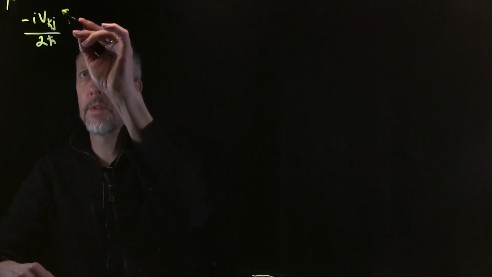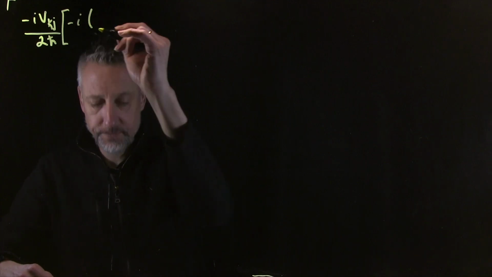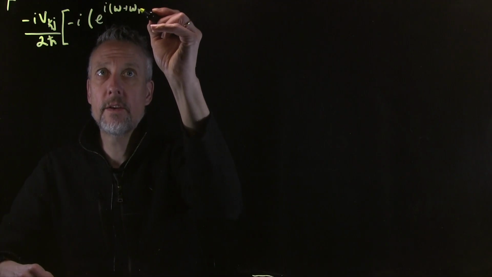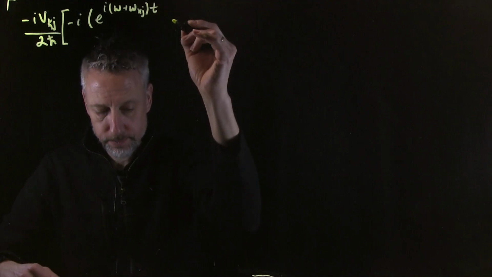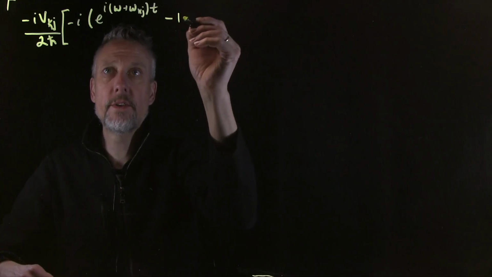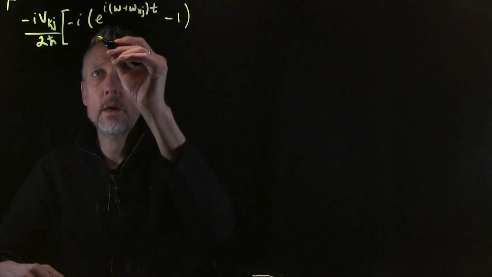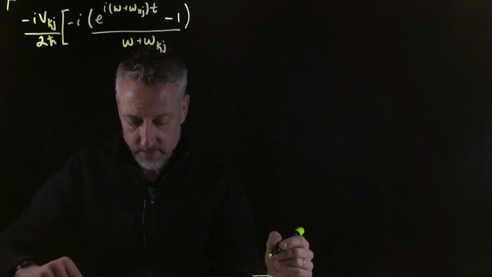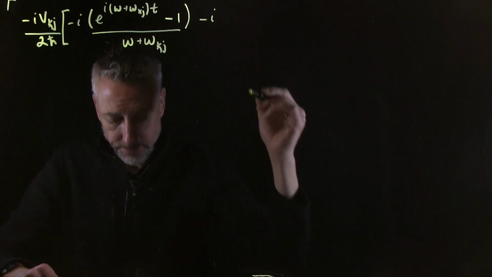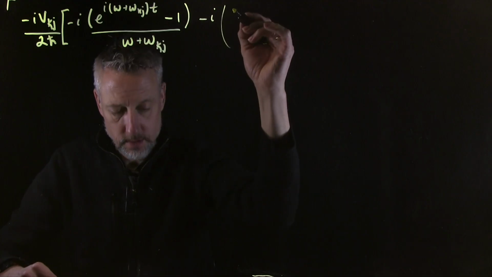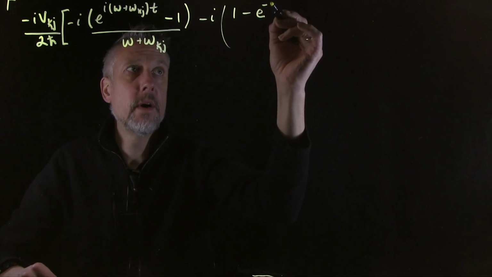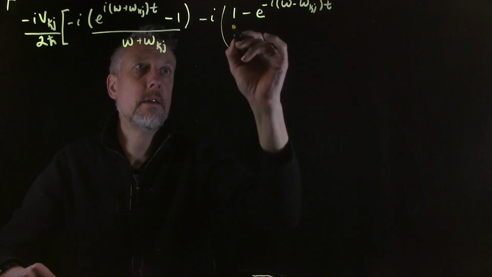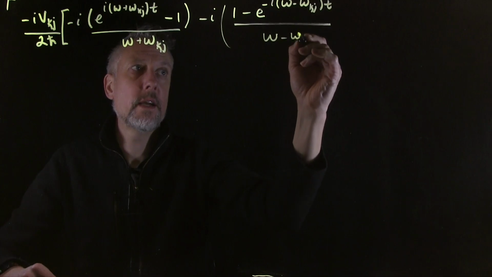We did the integrals, we wrote them all out, and so they are minus i, and then we have e to the i (omega plus omega_kj) t minus 1, just changing how we're factoring things, divided by omega plus omega_kj, the frequency gap, minus i times 1 minus e to the minus i (omega minus omega_kj) t divided by omega minus omega_kj.